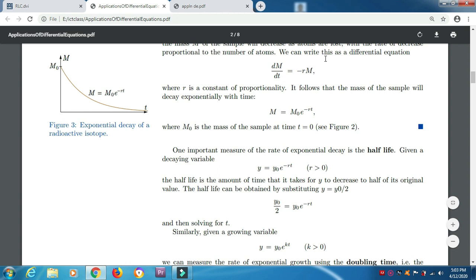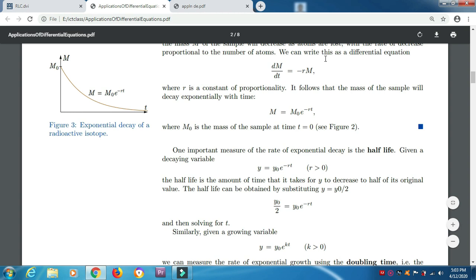So we substitute y equal to y naught by 2 in the above equation. We have the equation like this. Similarly, if we solve the following equation, we have the solution for t.